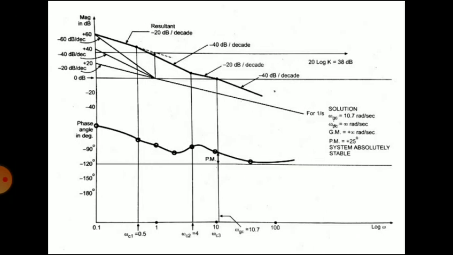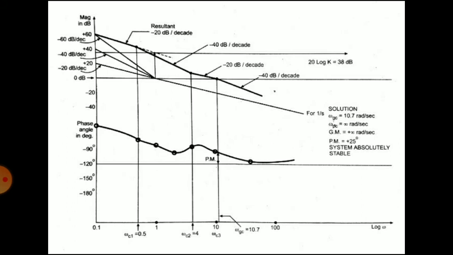That line from omega c1 is drawn parallel to the faint line drawn initially, and the slope will be minus 40 dB per decade.